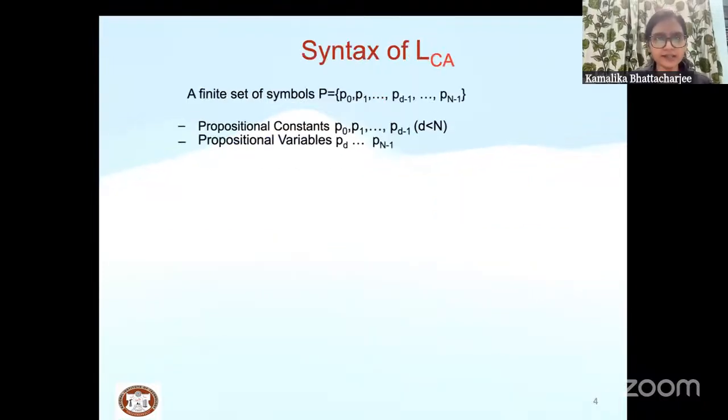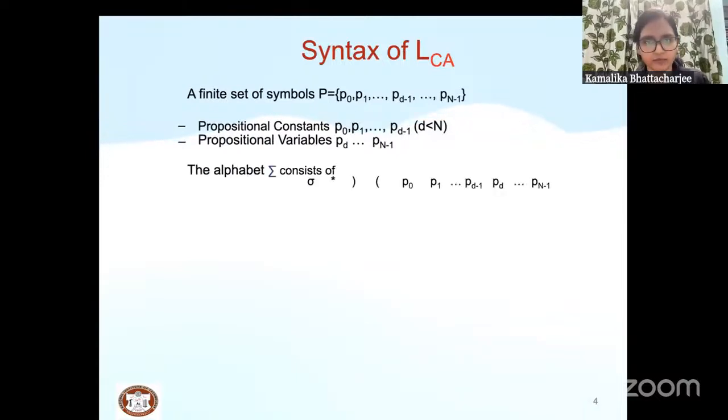The syntax is, first we need a set of symbols. Our set of symbols is denoted by P, where P has some propositional constants, P0 to Pd minus 1, d being the number of propositional constants, and the rest are the propositional variables. So our alphabet is the symbols of P along with sigma, star, and the brackets, opening and closing bracket.